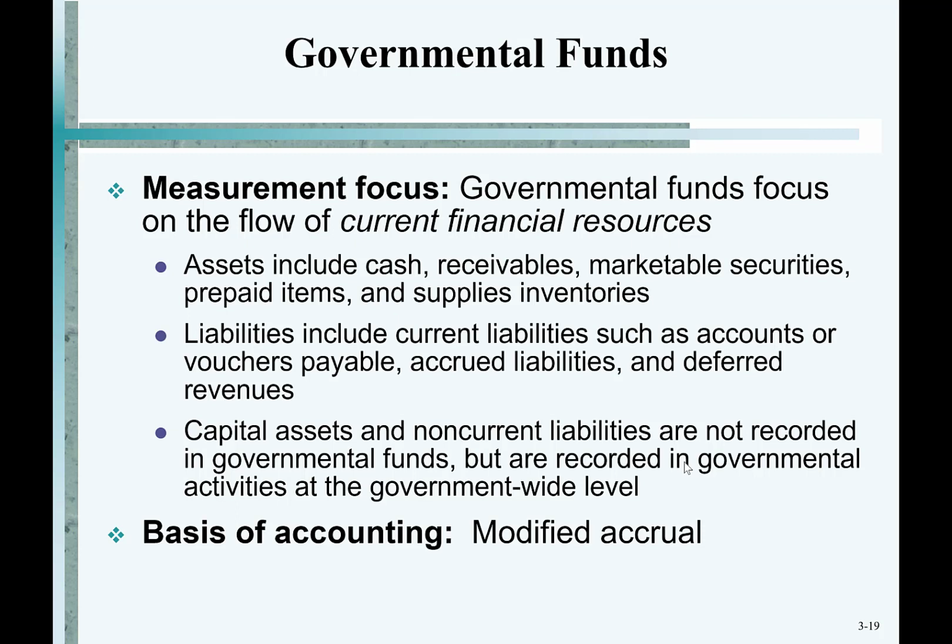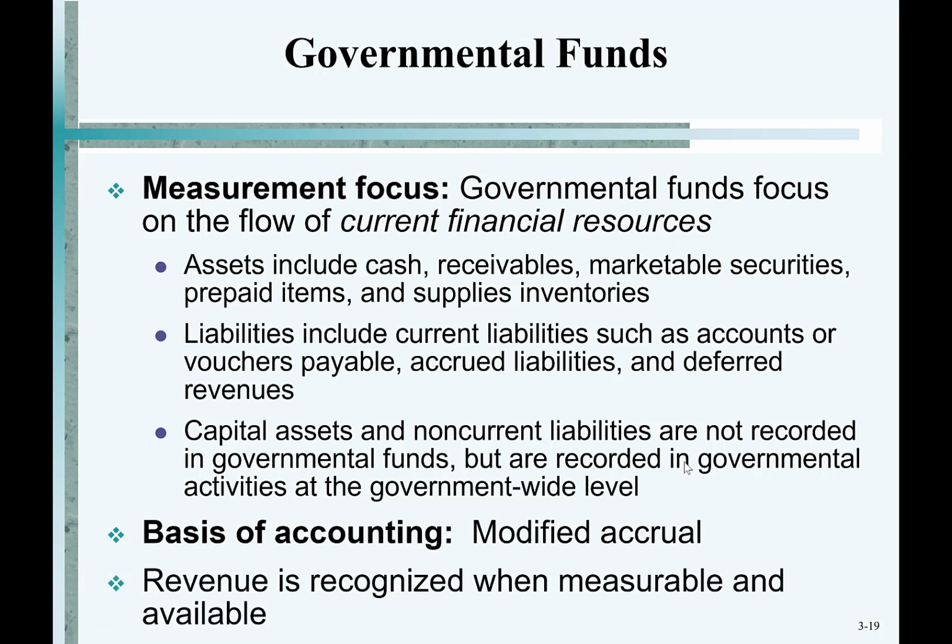And if we're talking about modified accrual basis of accounting, we say that revenue is recognized when it is measurable and available. Revenue is recognized using modified accrual accounting on our statement of revenues, expenditures, and changes in fund balance when it is measurable and available. Okay, now, measurable means we know the amount.